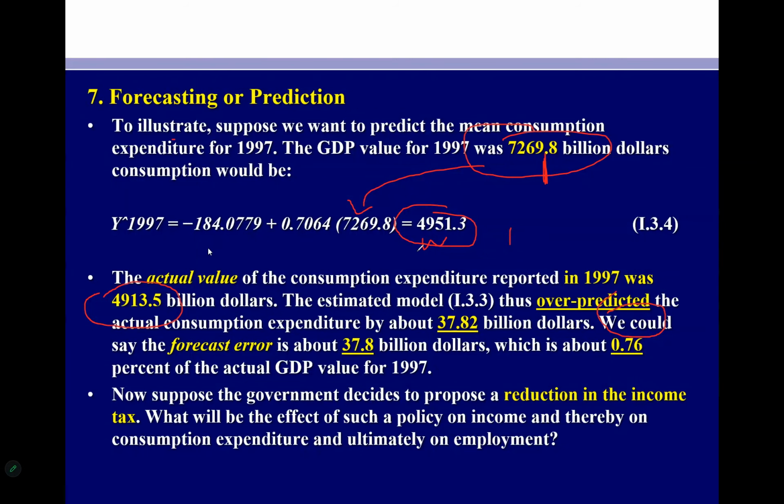The predicted value is higher than the actual value, so we can say it is over predicted. The difference between these is 37.82. If you consider it as a percentage of GDP in 1997, it is 0.76, a very small amount.